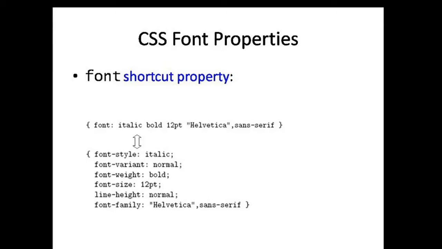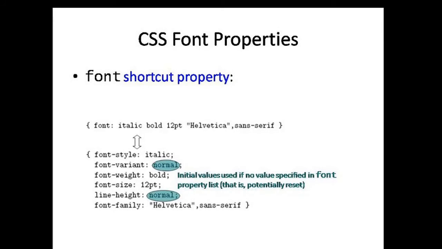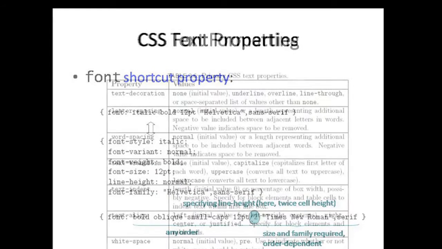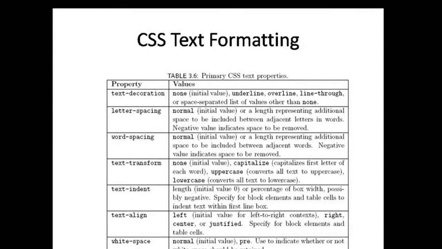You can do all this in one single line, that is font: italic bold 12pt Helvetica, sans-serif. Okay, it will definitely save your keystrokes. Now this is regarding that shortcut for specifying the font.